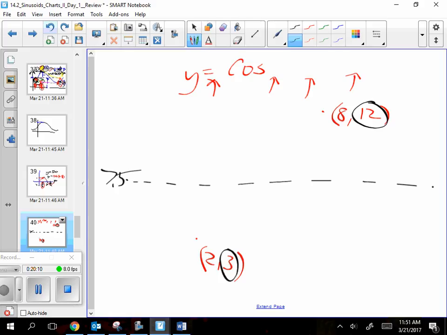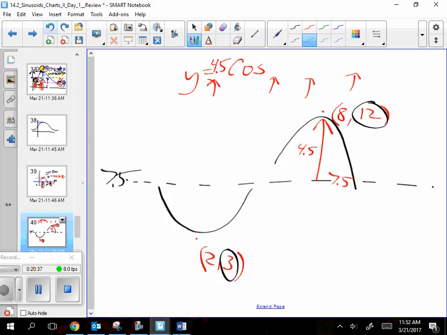How many of you are using 7.5 in your calculations? Excellent. Then, if there is a wave that's going down here and then up here, then this distance is important too. It's going from 7.5 up to 12, and therefore, what's the amplitude? I think it's 4.5. All right. So 4.5 should be in your equation. 4.5 goes in front because it's the amplitude.